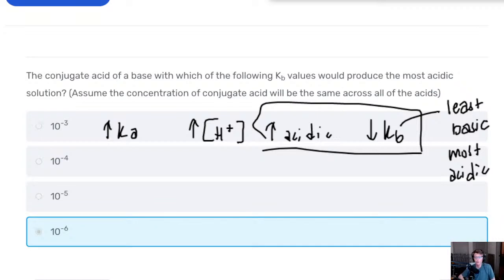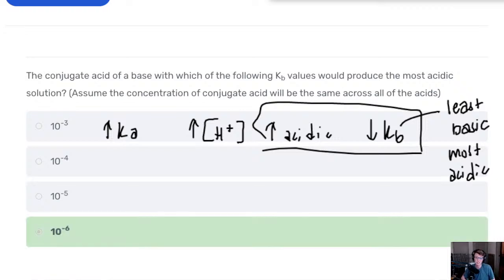So hopefully by now you can begin to see that these concepts are in essence all the same. And I think that this is really important because a lot of the MCAT is truly about concepts. Yes, we do need to memorize things. We do need to have some specific details down, but more often than not, we're going to be taking some overarching concept, recognizing that it applies in a lot of different circumstances, and then applying it to the question that happens to be in front of us.